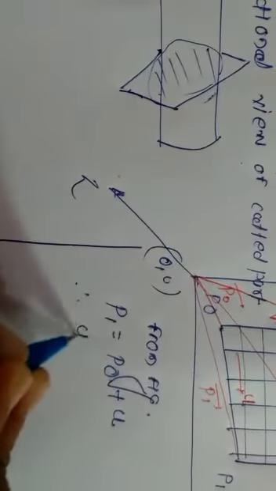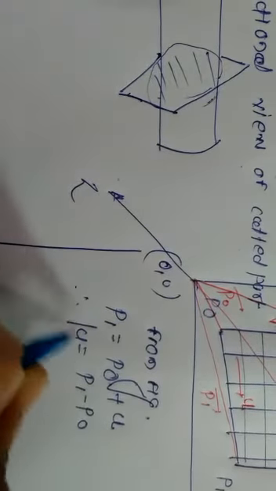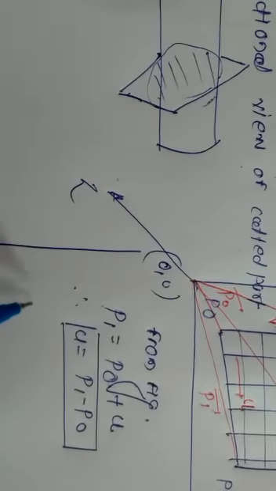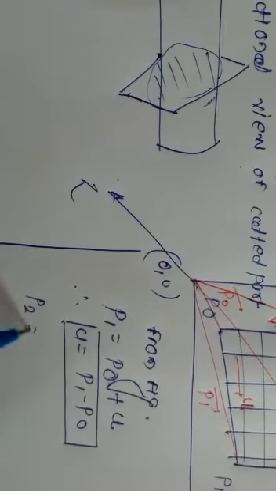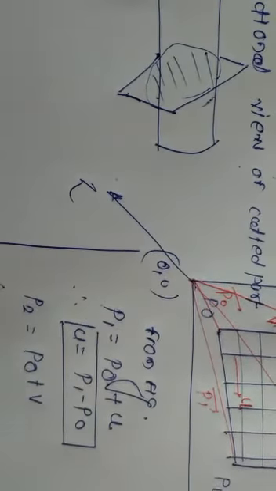Therefore U is equal to P1 minus P0. This is for the point P1. In the same way, P2 is equal to P0 plus V. Therefore V is equal to P2 minus P0.